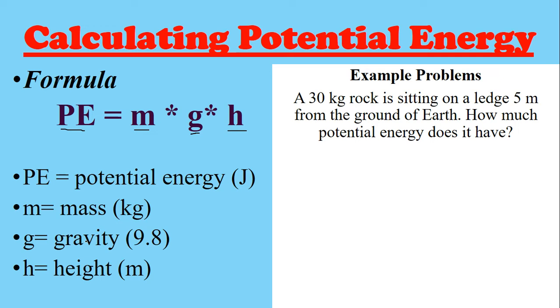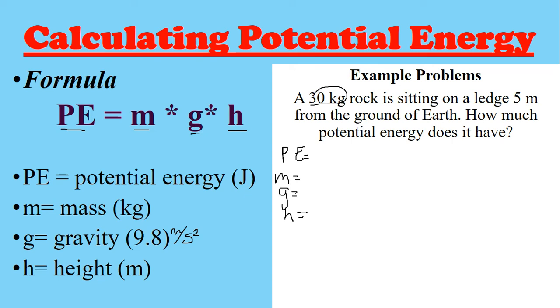If you don't remember, gravity on Earth is 9.8 meters per second squared. If you don't know about gravity, go check out the video on gravity and weight because it will help you out with that. And h is height, and its unit is going to be meters. So just like a kinetic energy equation, you're going to list out all these terms: PE equals, m equals, g equals, h equals.